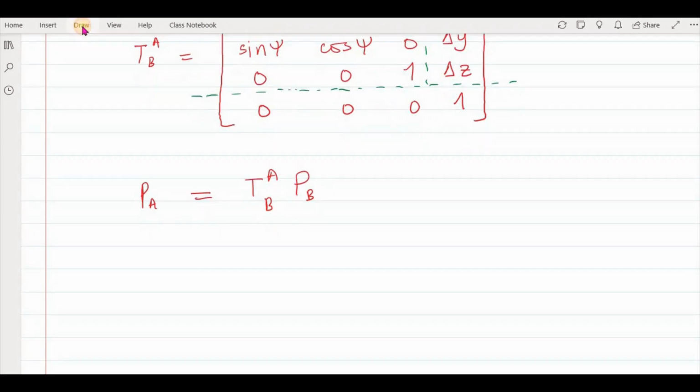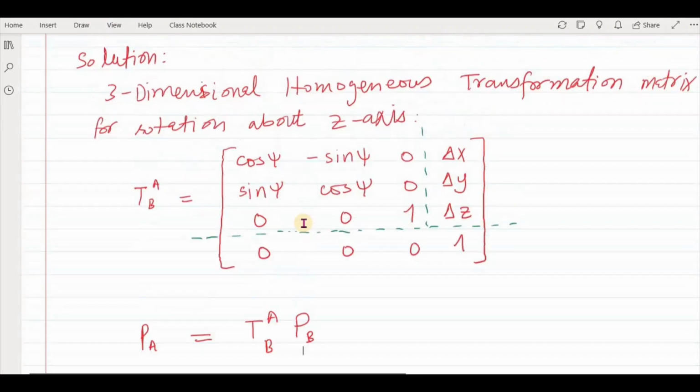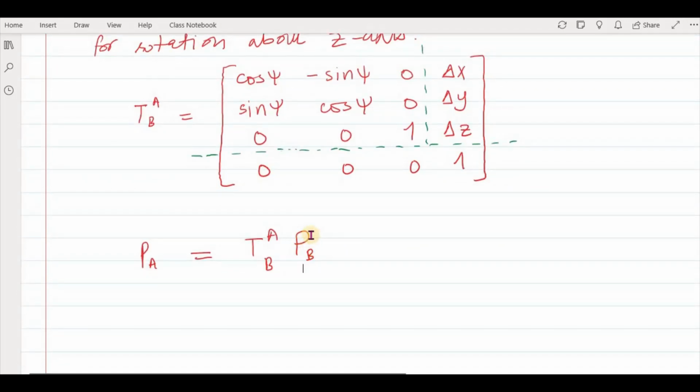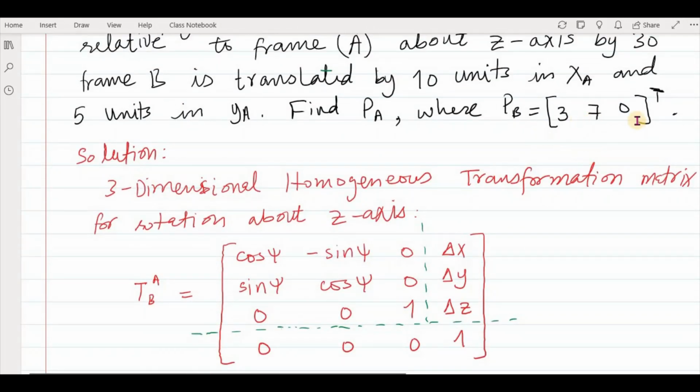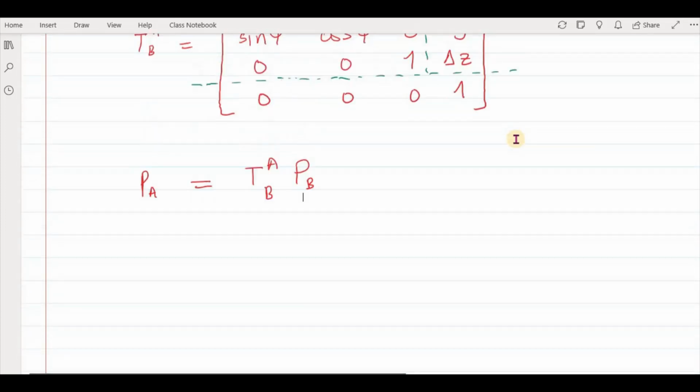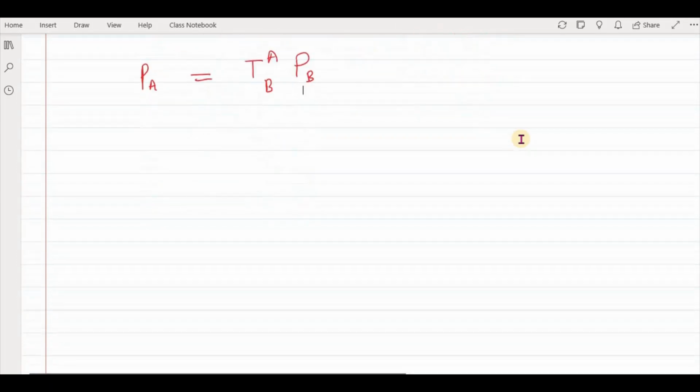So now you just have to put the values. You know the value of your psi angle, and you know the value of delta x, delta y, delta z, and also the value of the position vector PB here. Just put in these values, multiply them, and you will get your PA. So here it looks like this.